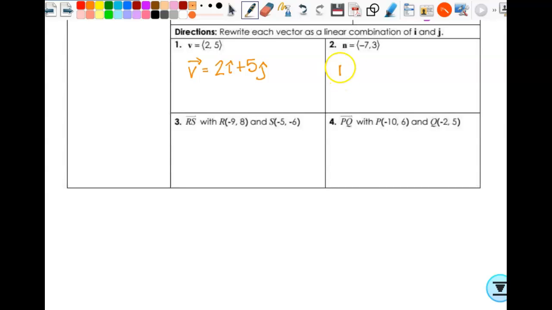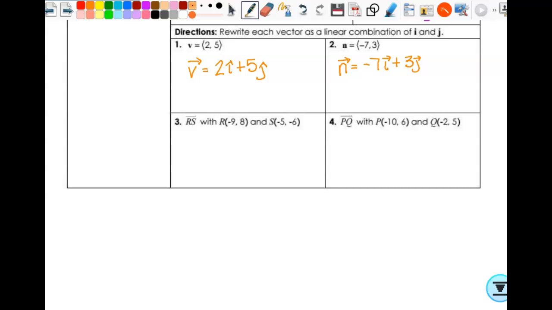So vector n, we could say is negative, no more brackets there, negative 7 times i plus 3 times j. And I'll put the little vector arrows over them because it's the same either way. I just want you to at least know that i hat and j hat are a thing in case you see it anywhere else and you're expected to know what it is.